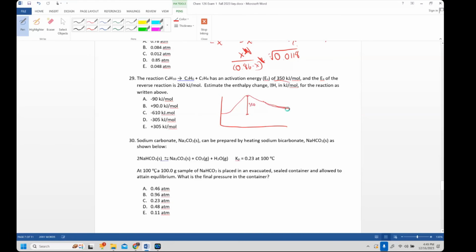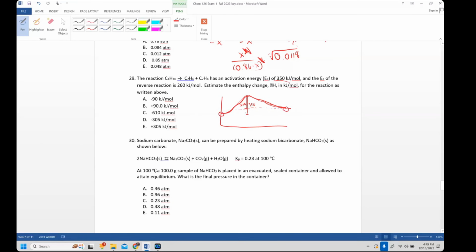So this means if we go reverse, meaning here back this way, we have 260, like this. Estimate the enthalpy change for the reaction written above, meaning what is the enthalpy difference from here to here, from start to finish in the forward reaction.